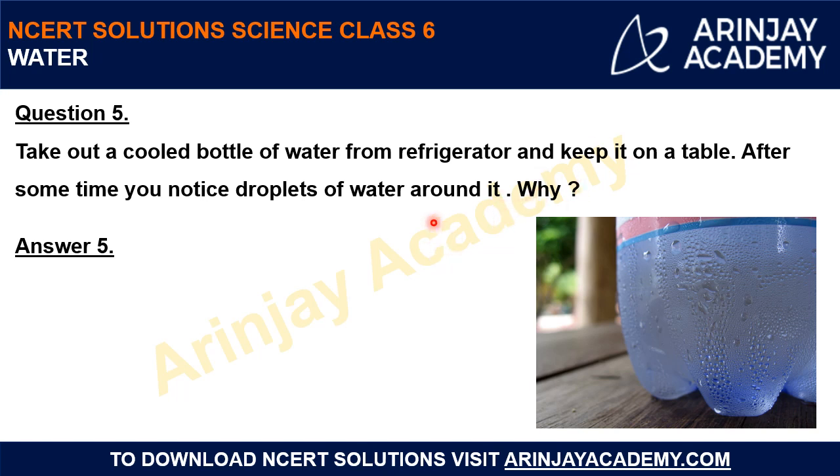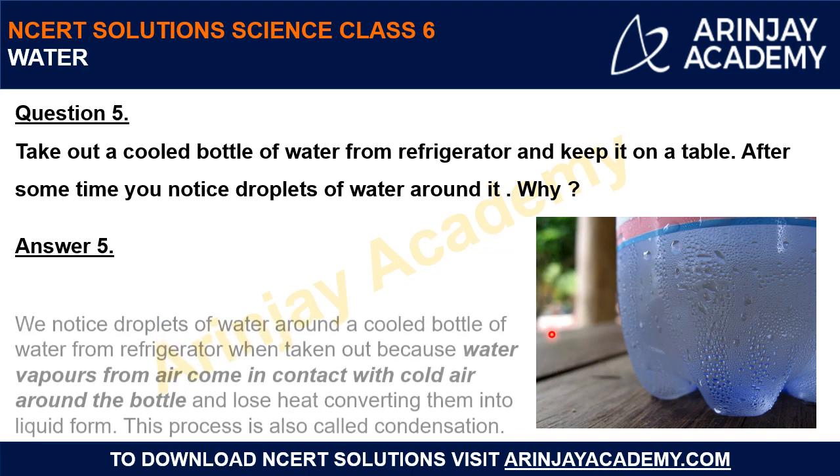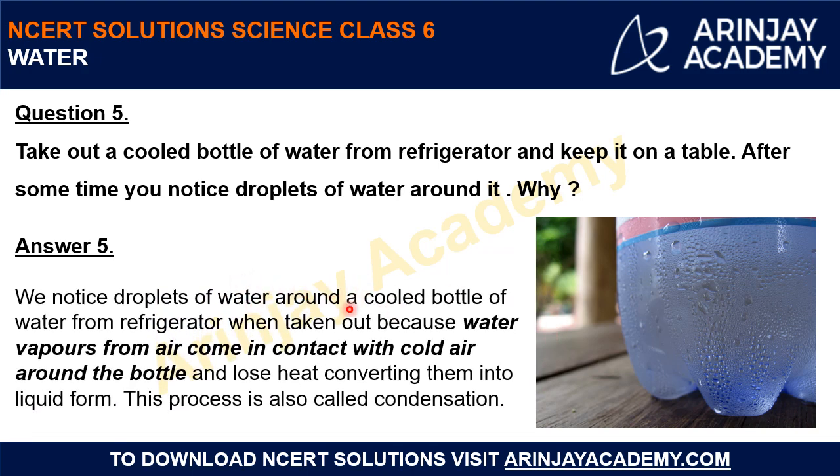So you know that since water has formed around the bottle, this is a conversion of water vapor into water, and it is called condensation. So let's understand the condensation that is happening here. We notice droplets of water around a cooled bottle of water taken out of the refrigerator because water vapors from air come in contact with the cold air around the bottle and lose heat, converting into liquid form. We know that air has water vapor present.